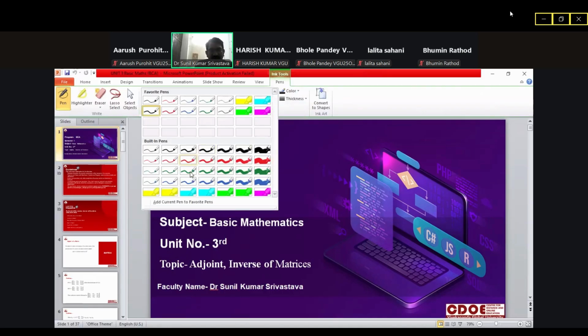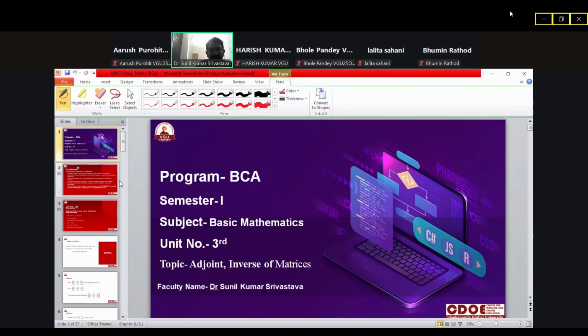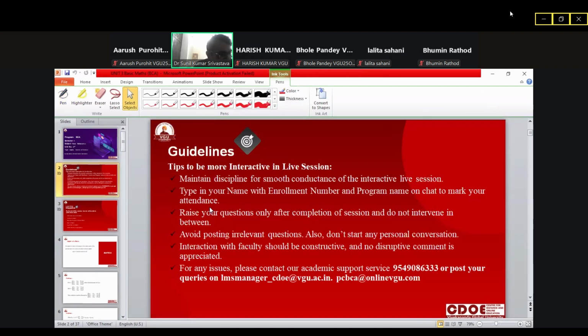Before starting this session in depth, we first have to go through some guidelines, which we are already familiar with. You have to maintain discipline for a smooth conduct of the interactive live sessions. You have to type your name, your enrollment number, and the program name in the chat box to mark your attendance. Raise your questions only at the completion of the sessions.